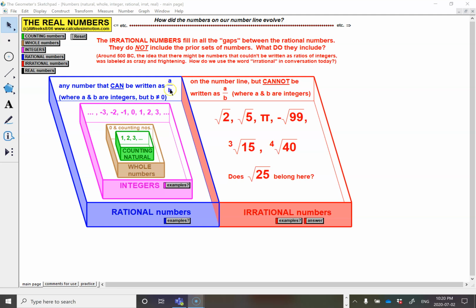A/B means A divided by B, so it's also a quotient. Irrational numbers are just a Q with a little line on top, which means it's not rational. So any number that cannot be written as an expression A over B is considered to be an irrational number.